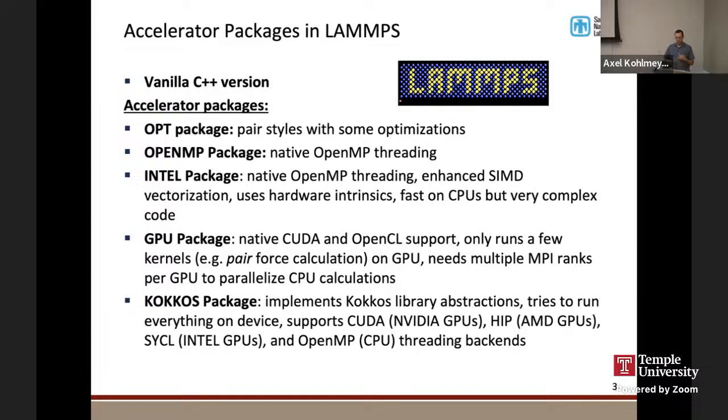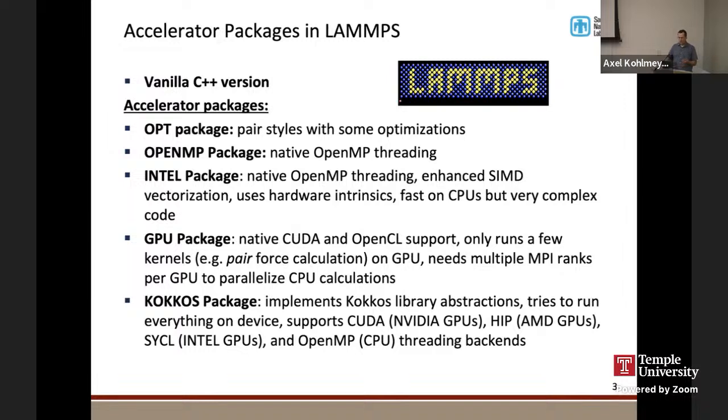The difference between the GPU package and the KOKKOS package is that the GPU package only runs a few kernels, like the pair force calculation and the neighbor list build, on the GPU, and everything else runs on the CPU. So you really need multiple MPI ranks per GPU to parallelize what's running on the CPU.